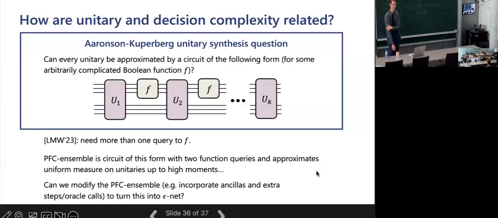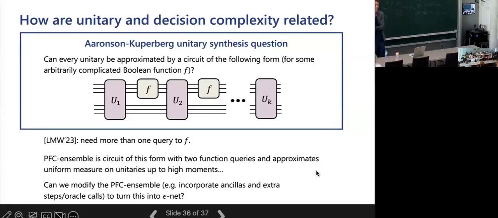So this PFC, if you repeat it, what is the orbit of these groups and maps? Does it become an epsilon net? Not that we can prove. You can try to prove that it's an epsilon net directly. I don't know how to do that.